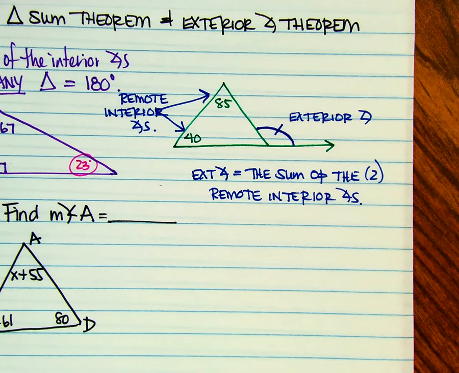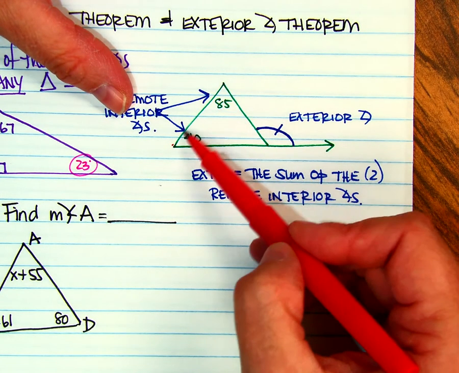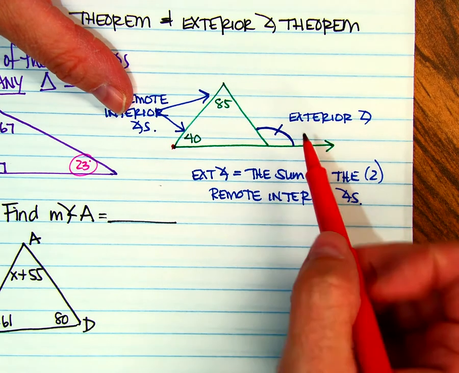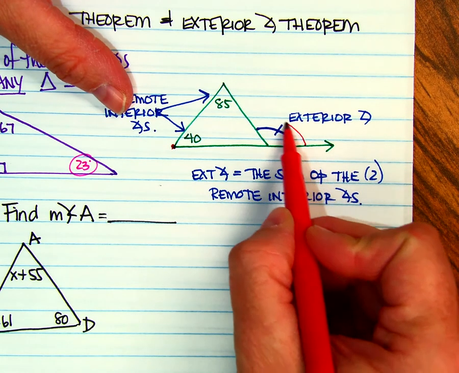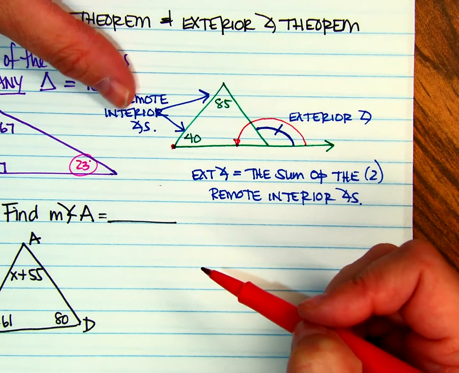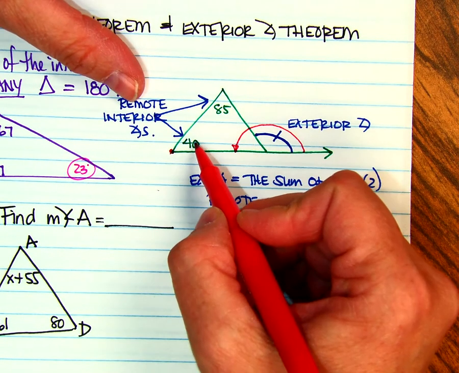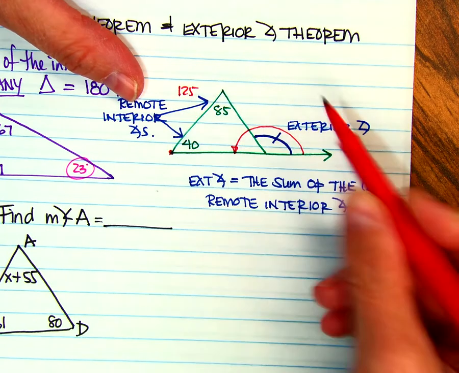Okay, and the reason is because the sum of this triangle equals 180 degrees, and these form a linear pair, which means they have to also equal 180 degrees. So if I have 85 plus 40, that gives me 125.